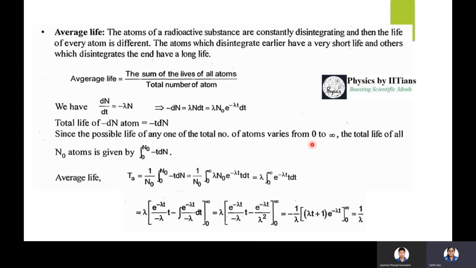The total number of atoms varies from 0 to n0. So the total life will be the integration over 0 to n0 of minus t dn. So average life is 1 by n0, the total number of atoms, into the integration over 0 to n0 of minus t dn. If you put in the values, you will get average life as 1 by lambda.